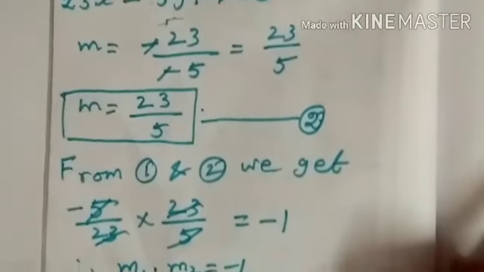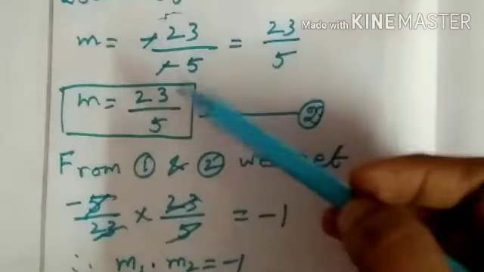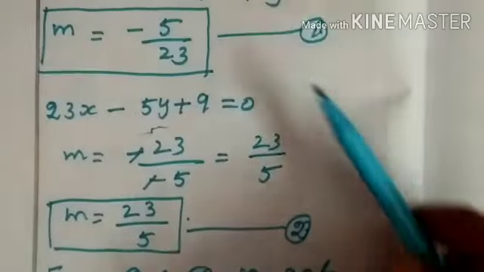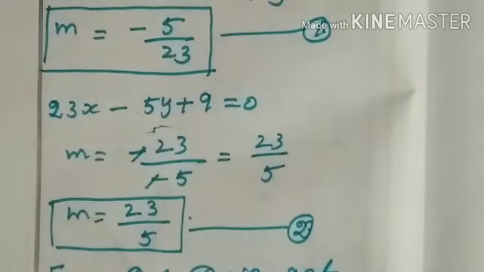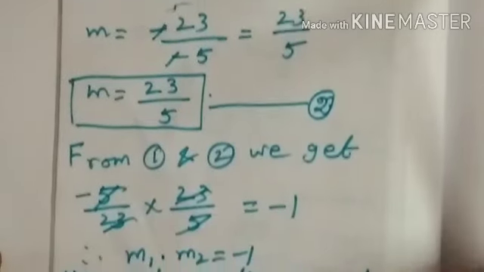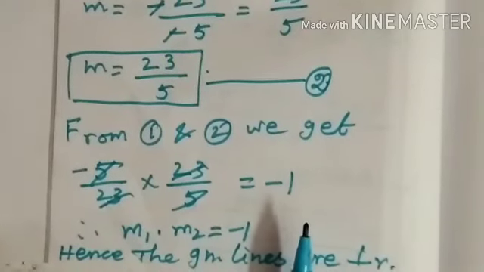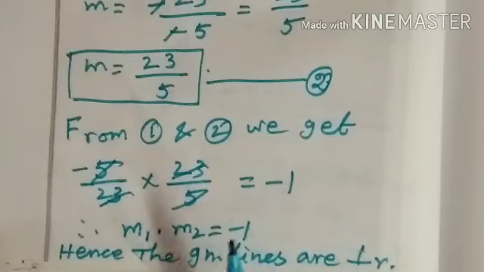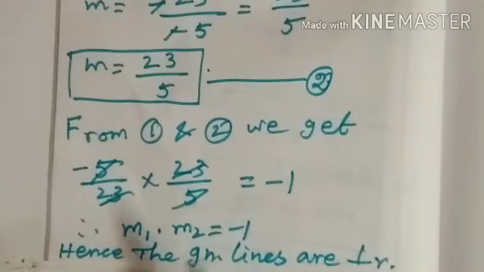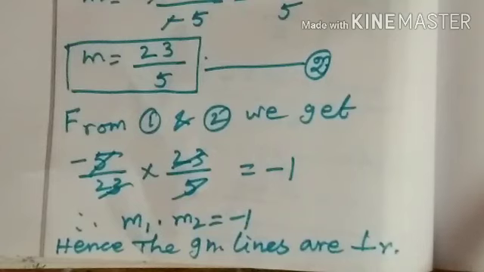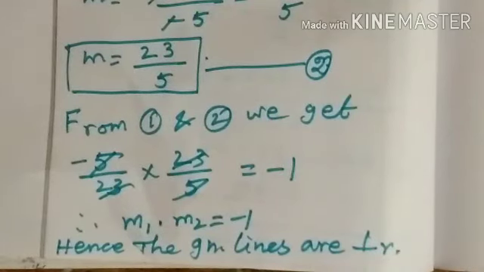From 1 and 2, the first slope and second slope are not equal. Therefore, you have to multiply these two slopes, and we get minus 1. It satisfies the condition m1 into m2 is equal to minus 1. Therefore, the given lines are perpendicular. This is the answer for the homework sums.